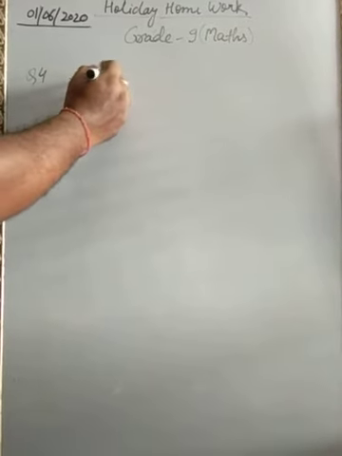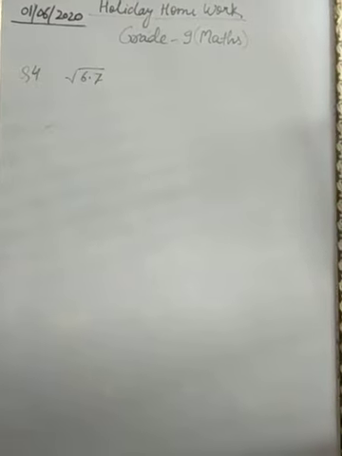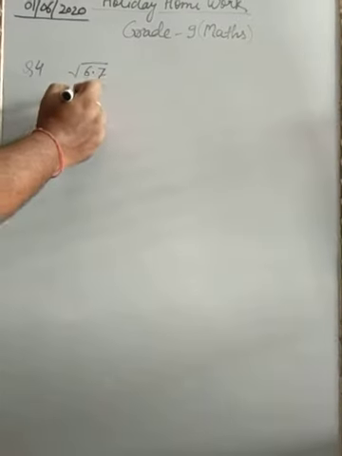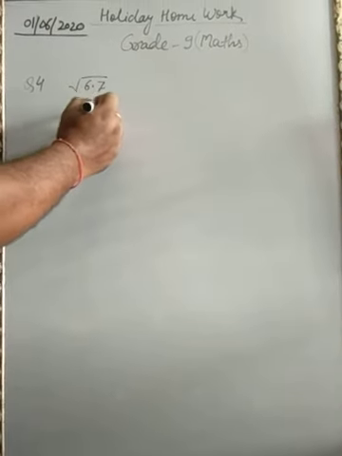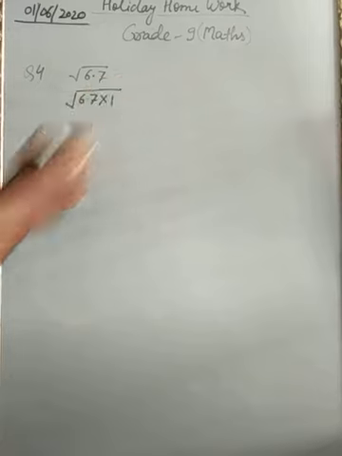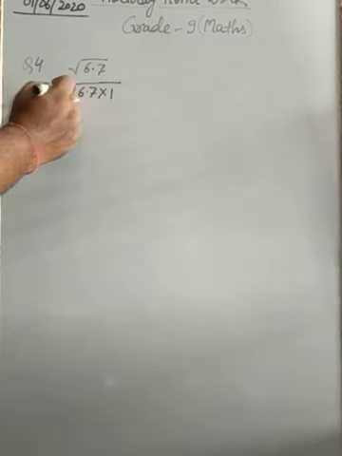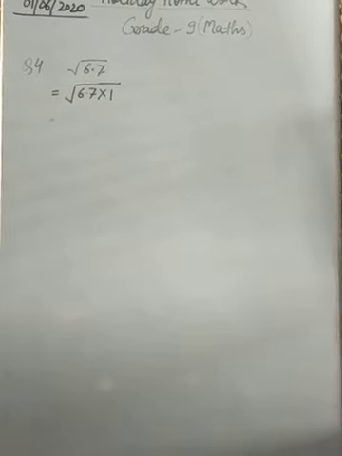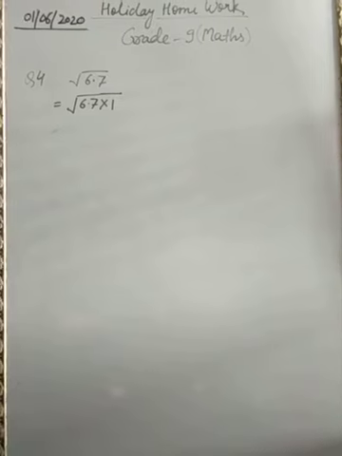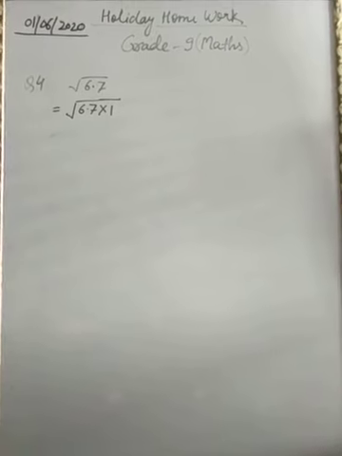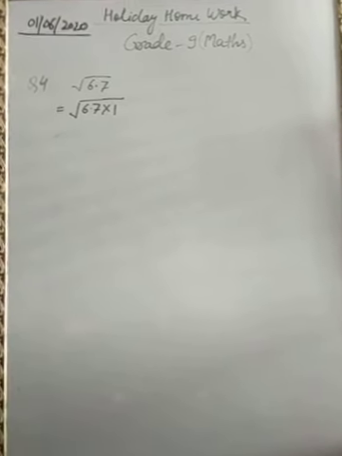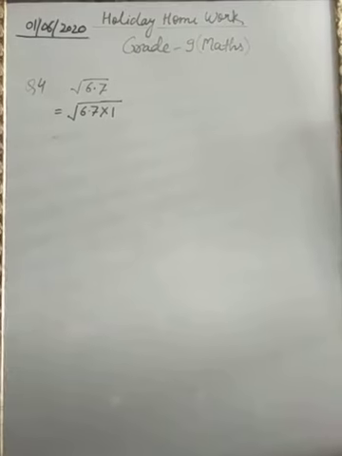Square root of 6.7. You may write this 6.7 as 6.7 into 1. I think this was told by me. I made the video for this one, and the same thing was explained by Rachna ma'am also, and very nicely Rachna ma'am explained this thing.